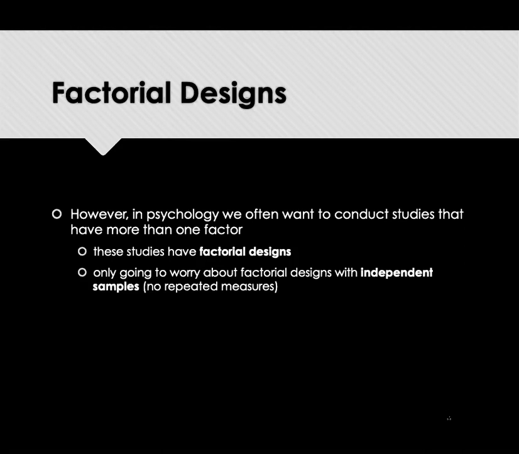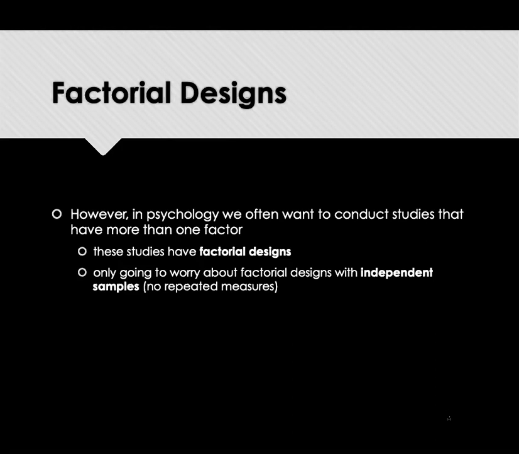For this lecture and for this class, we're only going to worry about factorial designs with independent samples, not repeated measures. The beginning of chapter 13 talks about repeated measures ANOVA designs. Just so you understand, repeated measures would be when you're using the same group of participants.